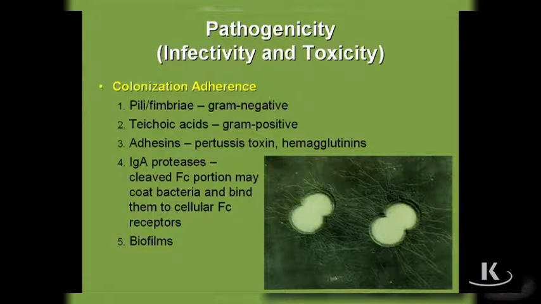In addition, we have adhesins, and pertussis toxin is a good example of an adhesin that also helps with attachment. I always tell my students when I do the live lectures that if you are a mucosal pathogen that's worth your weight, you're going to have an IgA protease.